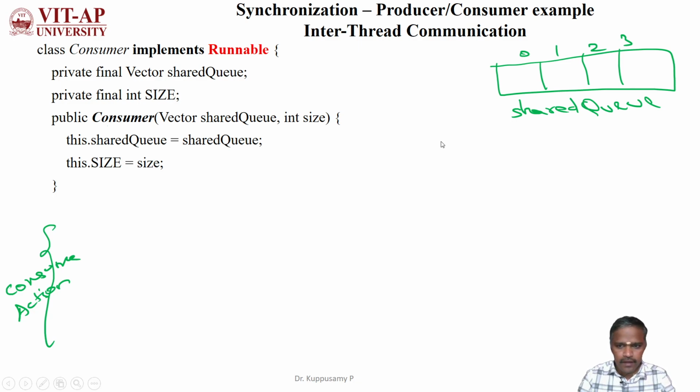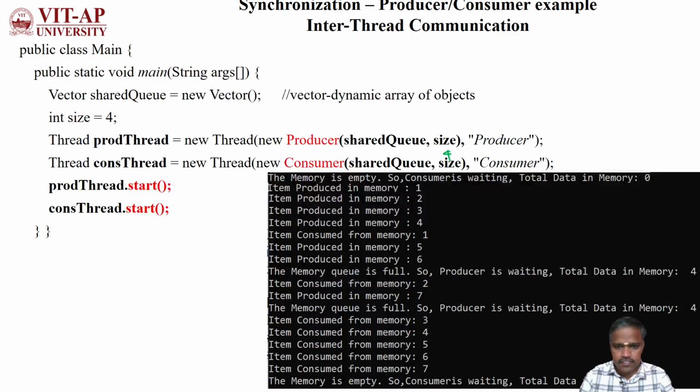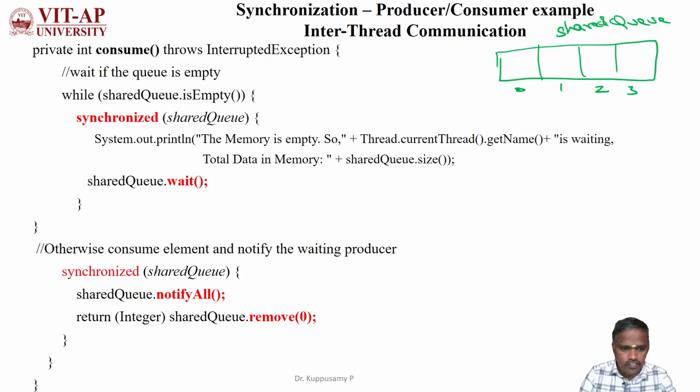So here what will happen: the item consumed from the memory is not possible as of now. So the consumer is waiting, and it shows total data in the memory is 0, because initially the consumer thread is executing before the producer thread. In the consumer thread, if the memory is empty, then that thread name is displayed with total data in the memory is 0.